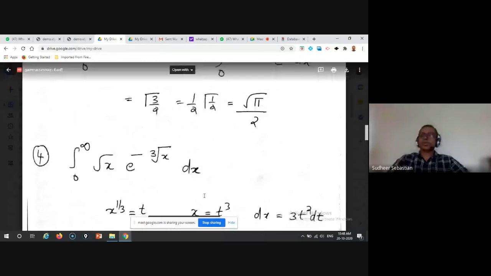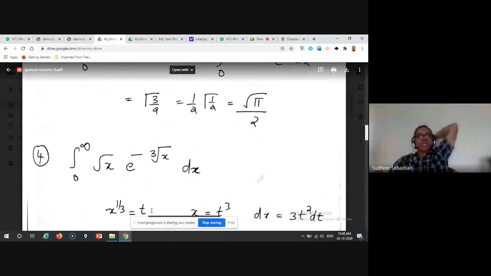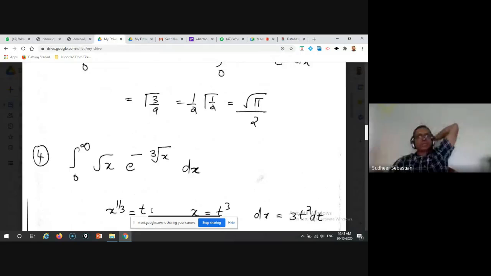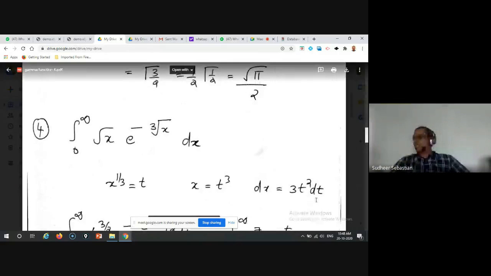So all of you try to attempt this. The idea is x to the power 1 by 3 equal to t. This cube root of x equal to another variable t. So x will be t cube, dx equal to 3t square dt.